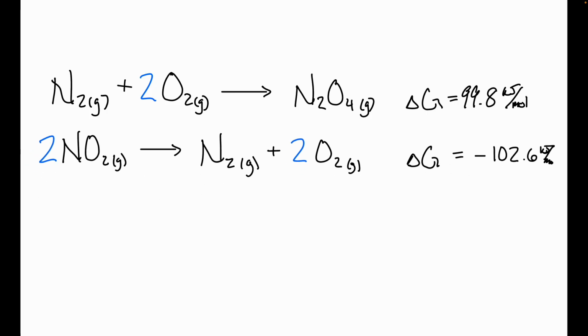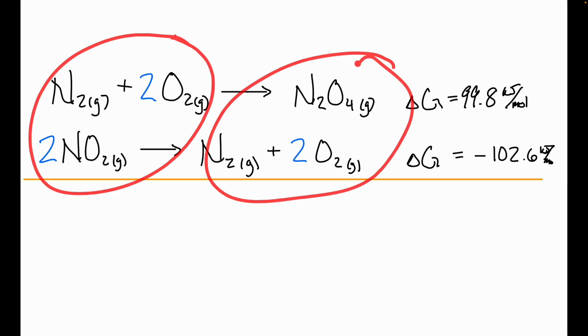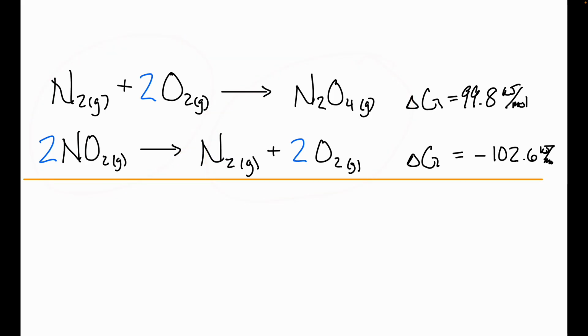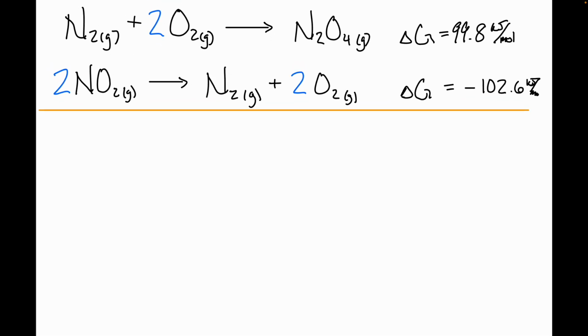All right, when we combine chemical equations, we're going to add these 2 up, right? I'm going to combine all my reactants on my reactant side of my new chemical equation and all my products on my product side of my new chemical equation.